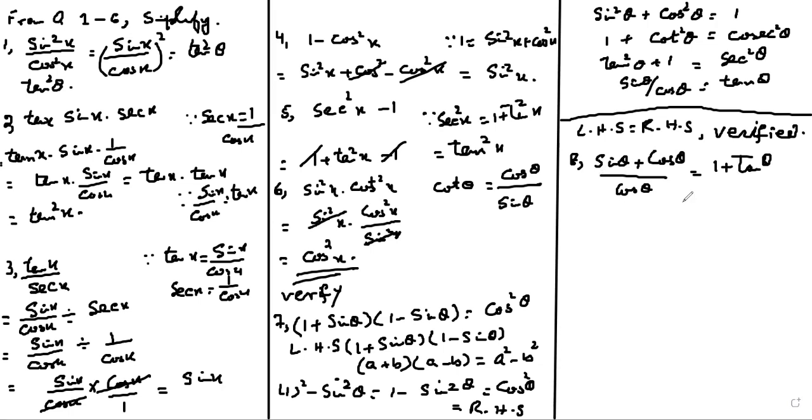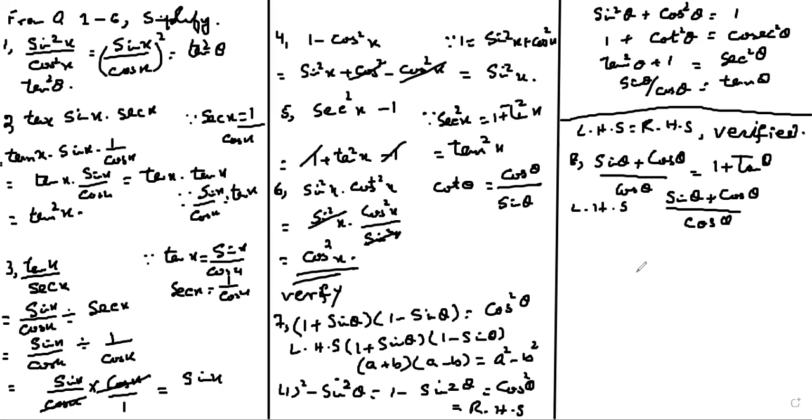So just taking the left hand side first, which is sine theta plus cosine theta divided by cosine theta. We can divide this cosine theta to both sine theta and cosine theta.